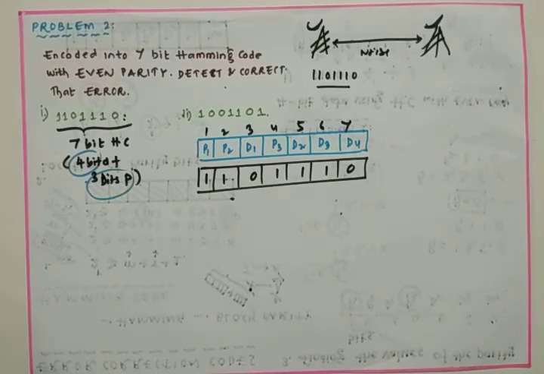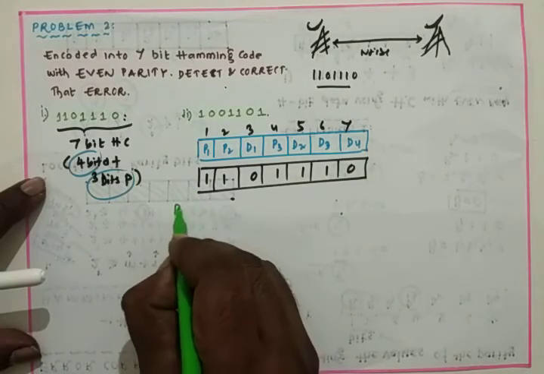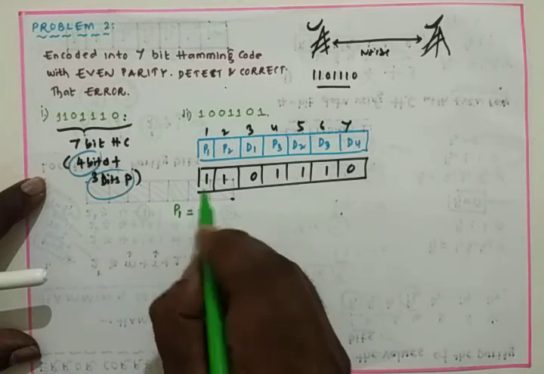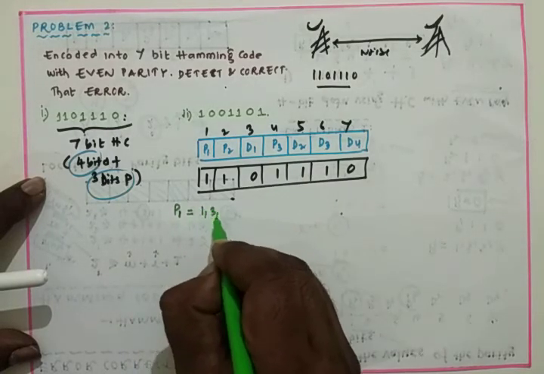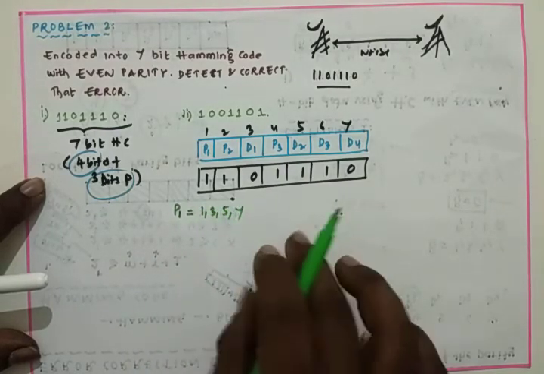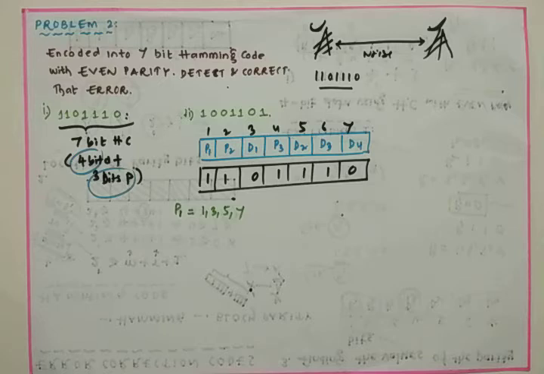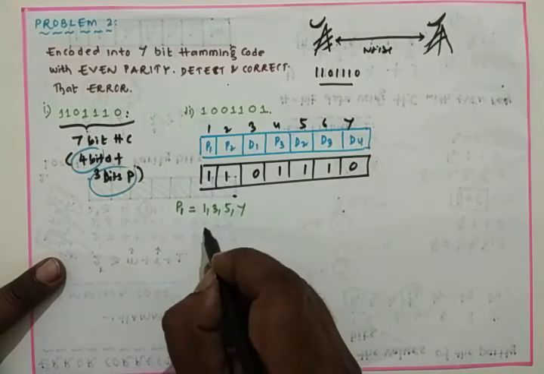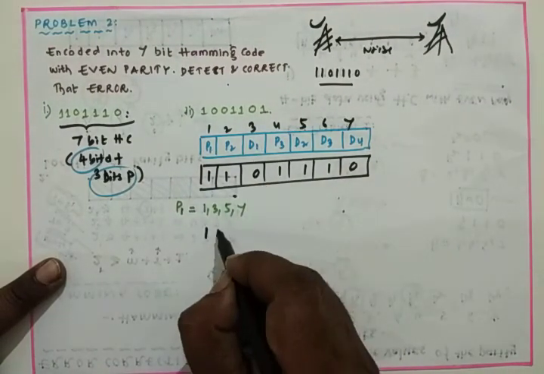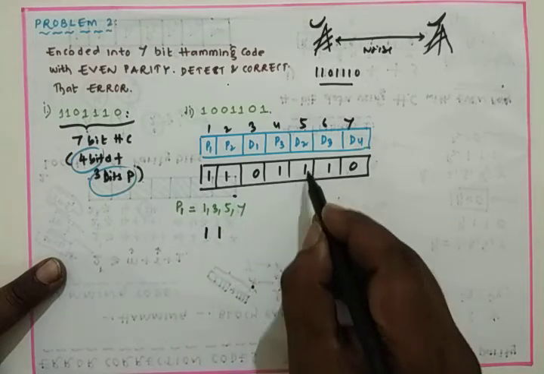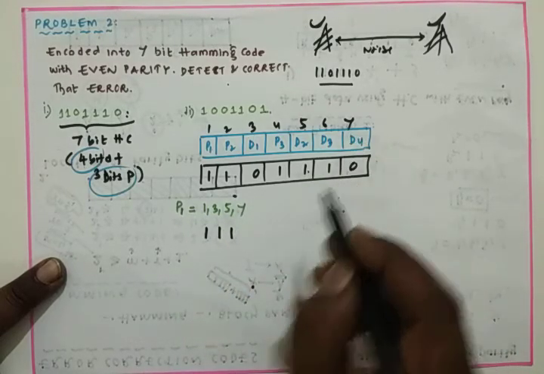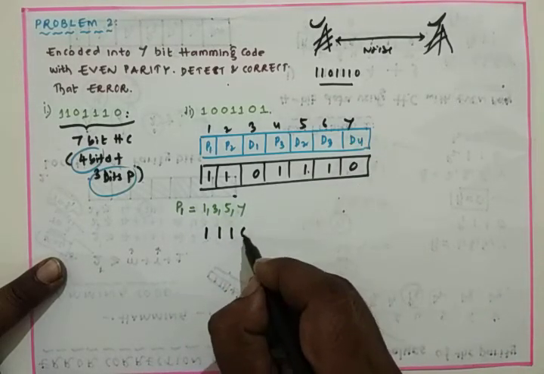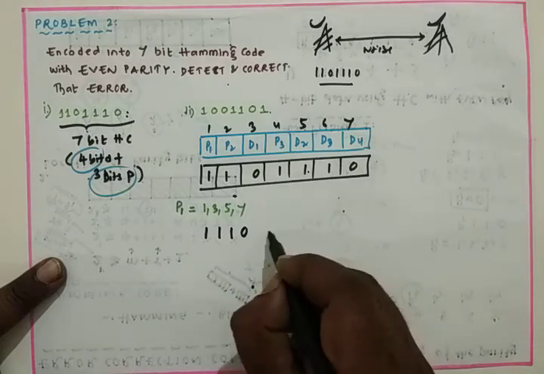Then go for the P1, that is parity bit 1. What is the combination for the parity bit 1? That is 1 3 5 7. Then 1 is 1, 3 is also 1, 5 is also 1, and 7 is 0.